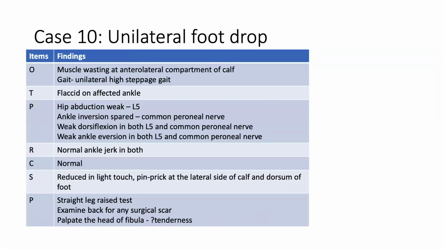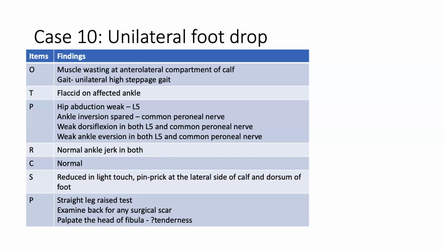Right. Unilateral foot drop. Foot drop is also common in your PACES exam. Always look for muscle wasting at the anterolateral compartment of the calf. For gait, look for unilateral high steppage gait.